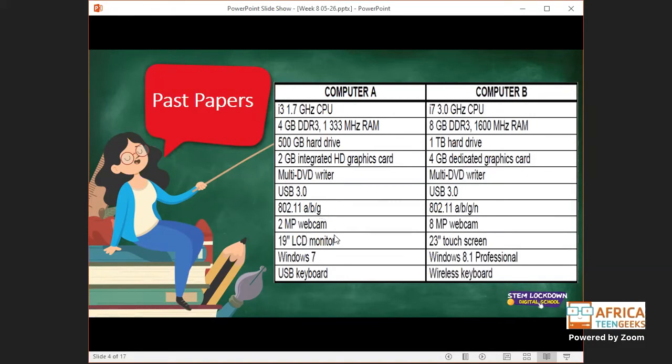Okay, who can remember what that stands for? Okay, well done. 802.11, we've spoken about this earlier this week. That's Wi-Fi.